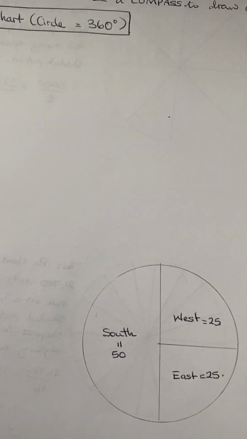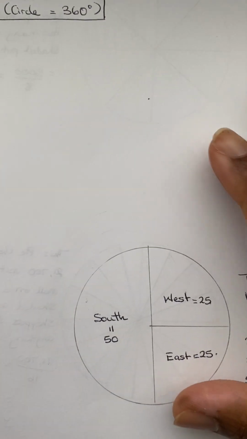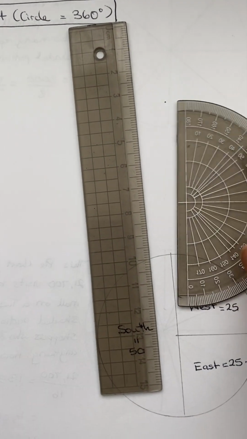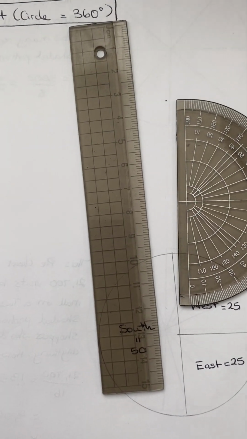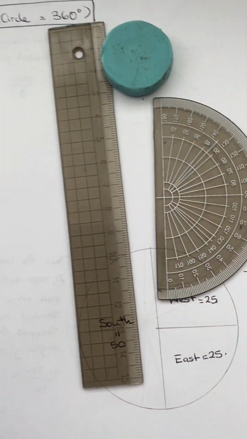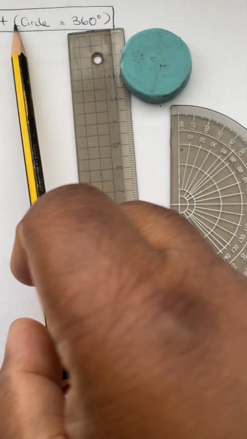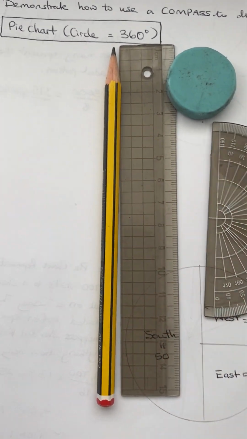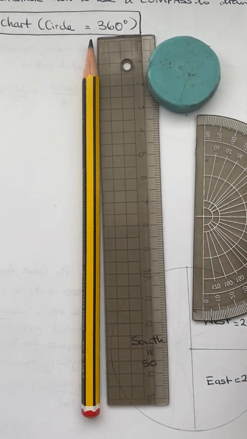You might need a ruler like this, a protractor, a rubber, and a pencil, in case a question on pie chart comes.